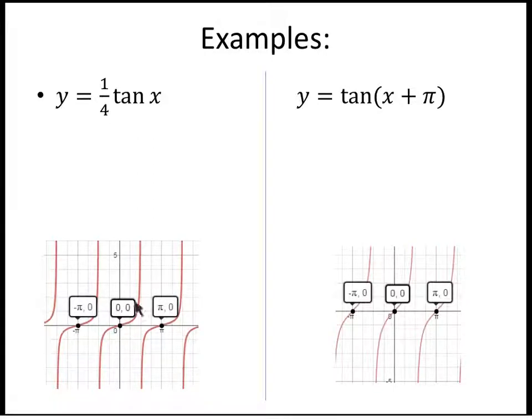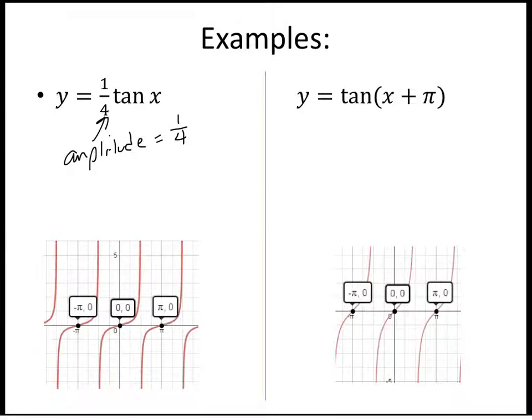And you can see how this graph is kind of smushed vertically. In fact, it is smushed so that it is 1/4 the height of a normal graph. So your amplitude here is 1/4.